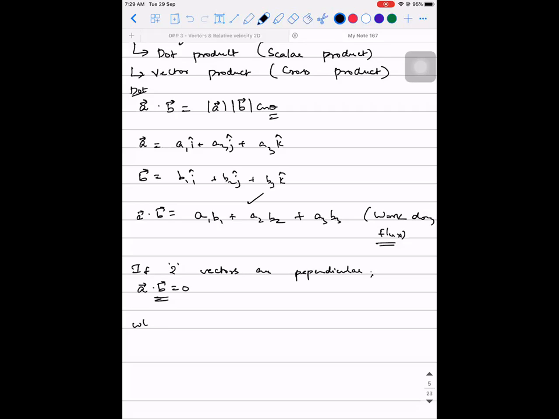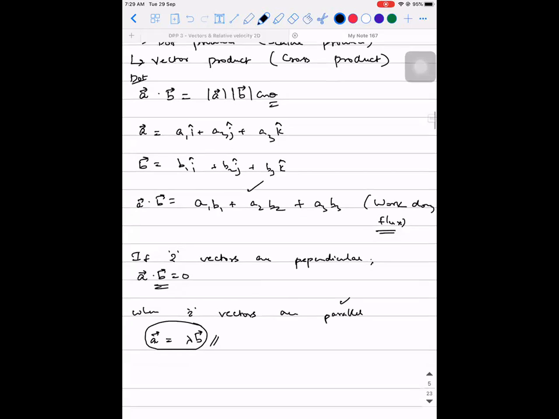Similarly, when two vectors are parallel, A vector will be equal to lambda times B vector. One vector will be equal to lambda times another vector. This is the condition when you have two parallel vectors. So, these are all the properties related to dot product.